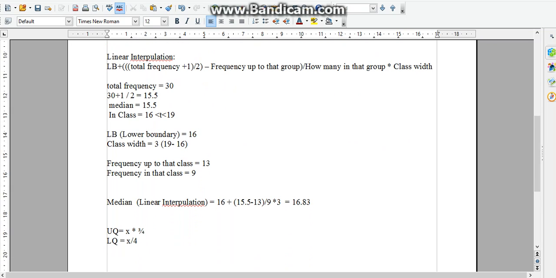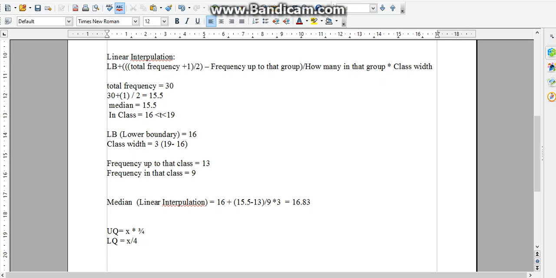So say we've got a little bit of data, and the total frequency of all that data is 30. So we just find the median like normal, and you can plus one if you want, but it's optional really. It doesn't really matter. I don't think the examiners care, because it won't make much difference to your answer. But you might want to plus one if you're feeling a little bit more adventurous.